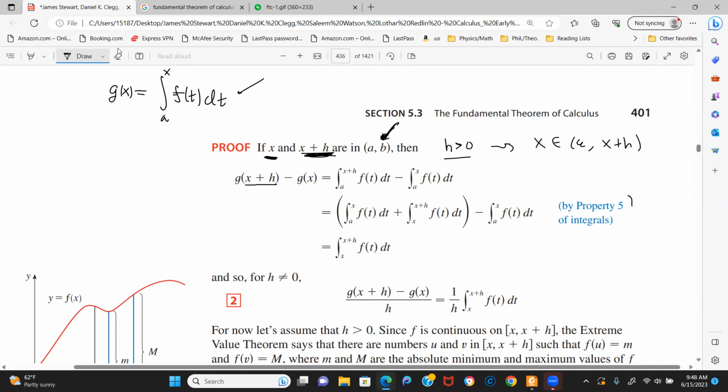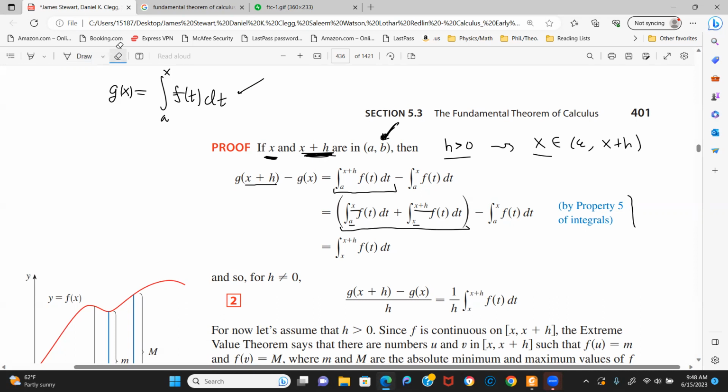So we can use one of those properties of integrals where you can split off the integral at this point x. So you can chop up the integral. We can split it as the integral from a to x plus the integral from x to x plus h.